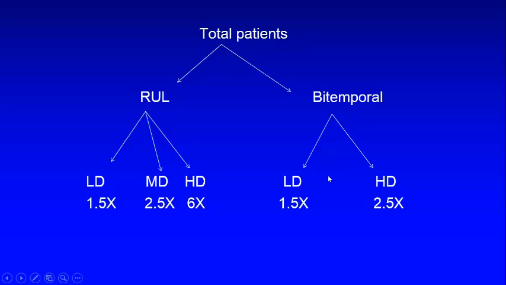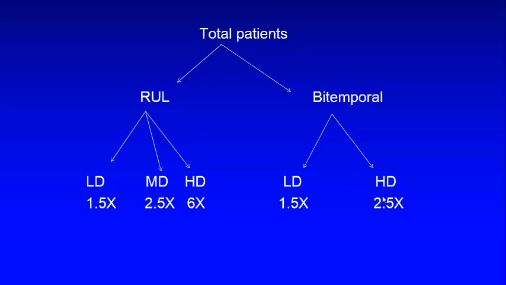So he decided to eliminate one of these groups, and the group he decided to eliminate was this lower dose group. Now that's potentially problematic. If the main outcome measure is efficacy, and if his goal is to show that if the gold standard for efficacy is high dose bilateral, and if he can achieve efficacy with high dose unilateral that is as good as this high dose bilateral, that would be a good finding.